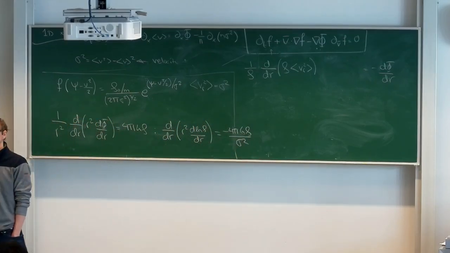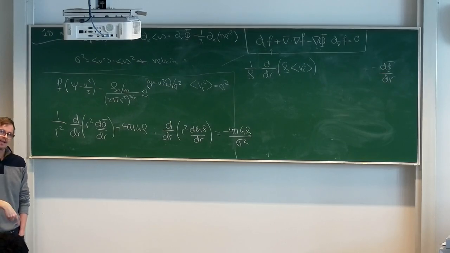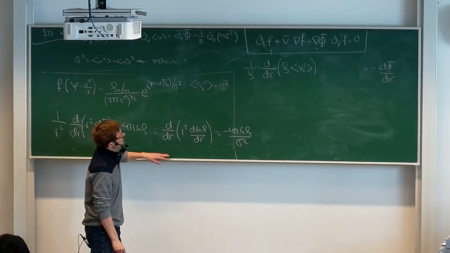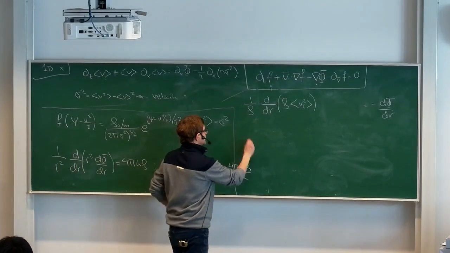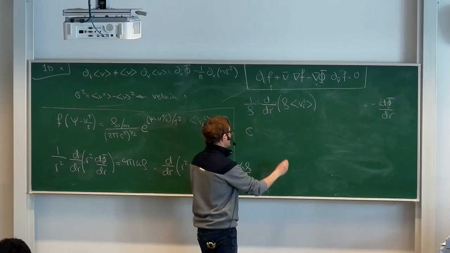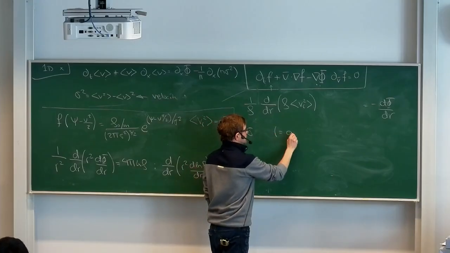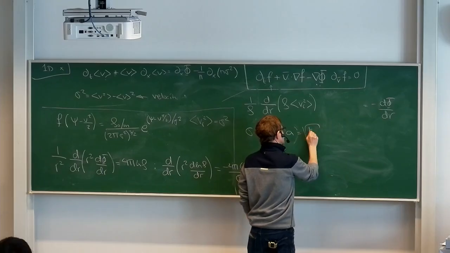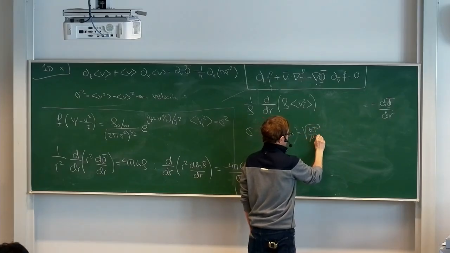And again, you can see that this is identical to what we had before the break, but where we have identified that the velocity dispersion now is equal to the isothermal sound speed, which we of course know is kT divided by mu mH.